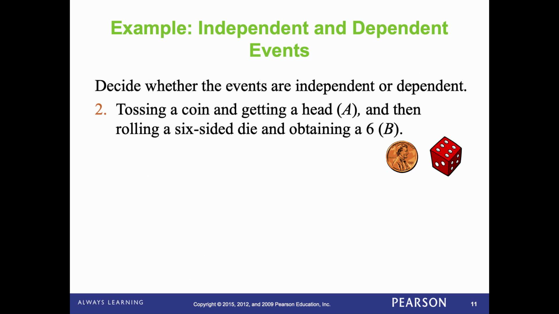All right. The second example: tossing a coin and getting a head is event A. Then rolling a six-sided die and obtaining a 6.